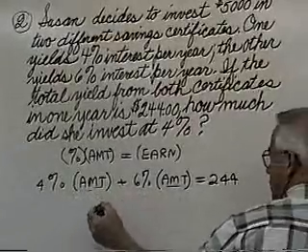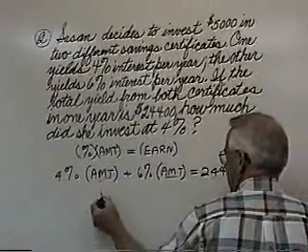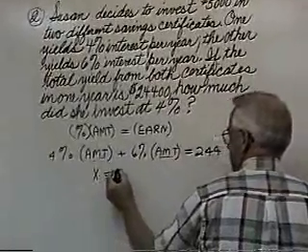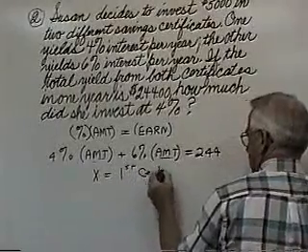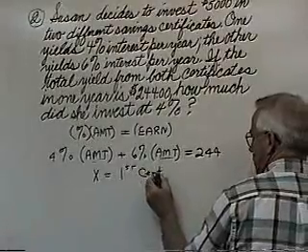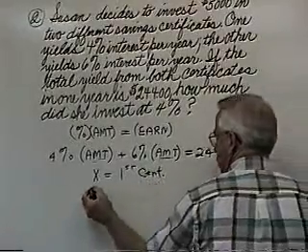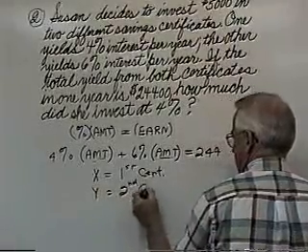So let's start the problem now kind of officially. What we would say then is X is the first certificate, the amount you need to understand, the dollars of the first certificate, and Y is the dollars of the second certificate.